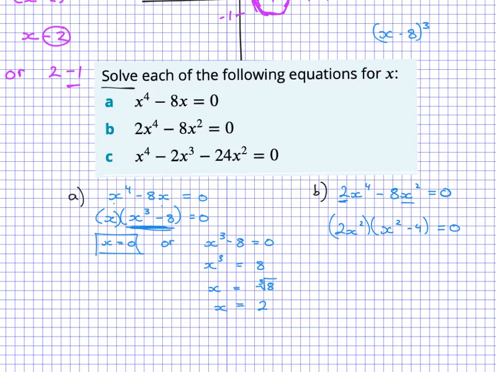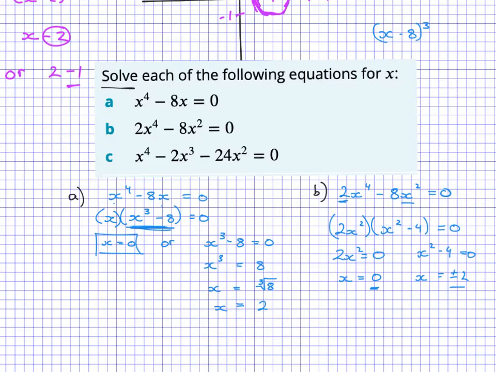So null factor law says that either 2x squared equals 0, which gives us x equals 0, or x squared minus 4 equals 0, which should give us x equals plus or minus 2. All right, so this one has three x-intercepts, 0, plus 2, and minus 2.